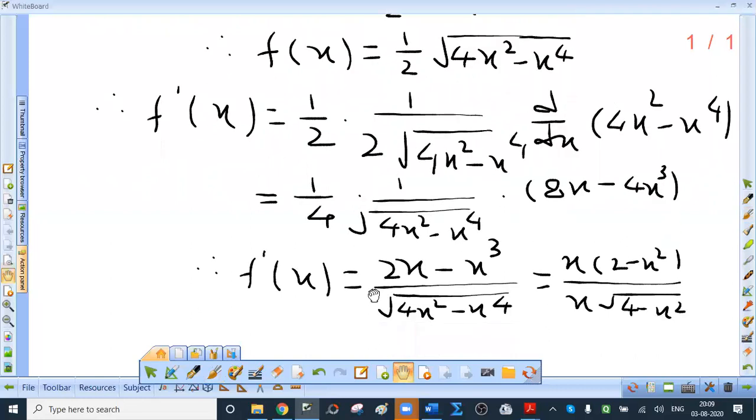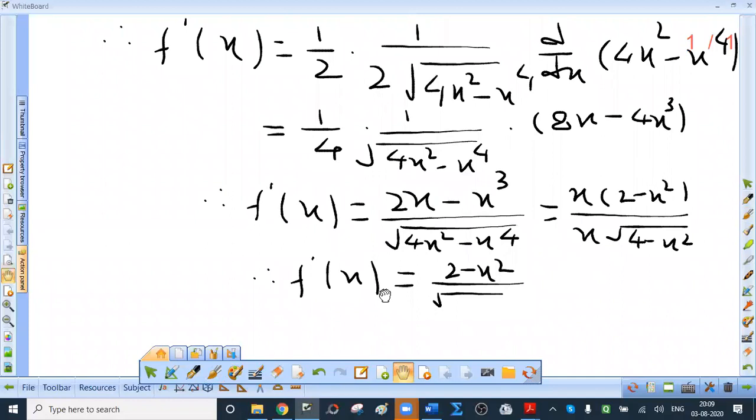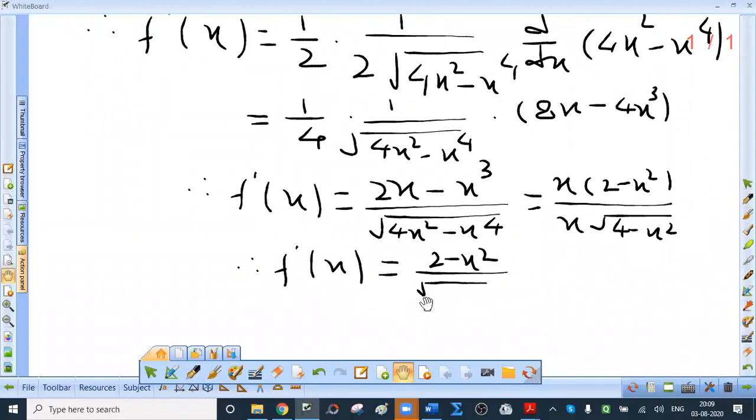There is no other reason. And therefore, what is f dash of x? F dash of x is now 2 minus x square upon root of 4 minus x square. Okay, so this is nothing but f dash of x.